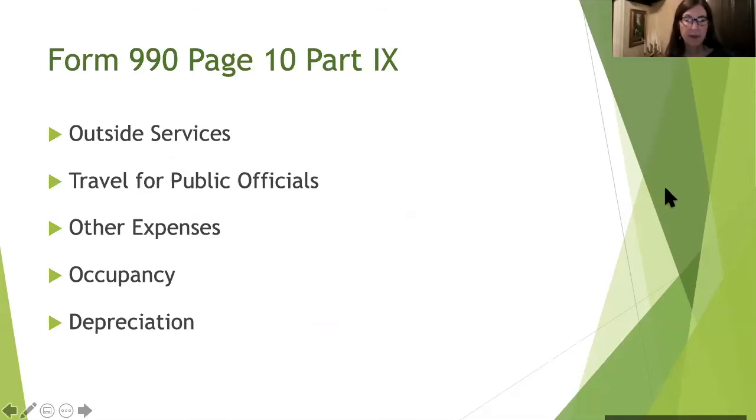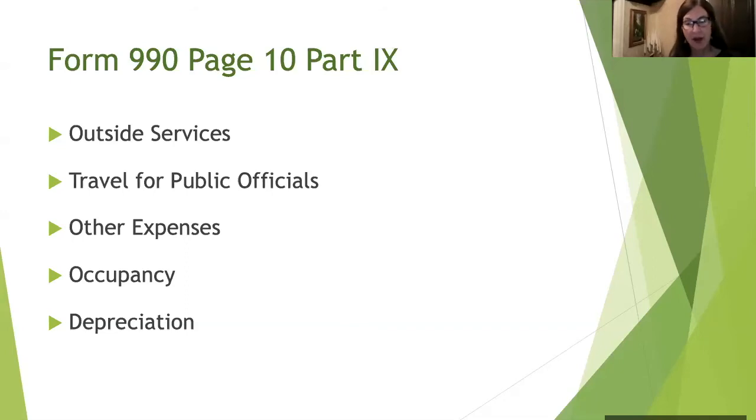Then for the rest of the line items on the expenses, they made up their own categories, which I'll tell you are not the categories you're going to have on your financial statement. And that's the tricky part, mapping your grouping of expenses into the groupings on the Form 990. Things they care about: your outside services.